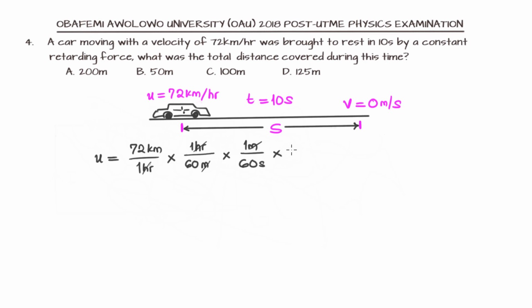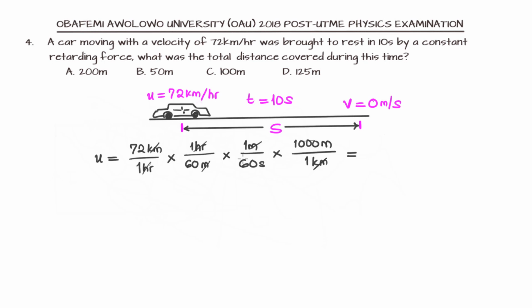Then for the kilometer, I know that 1 kilometer will need to be at the denominator to cut the kilometer out. But 1 kilometer is also 1,000 meters. So the kilometers will cut out, and I have meters per second. That is a wonderful way I've been doing my conversion, and it's always foolproof.